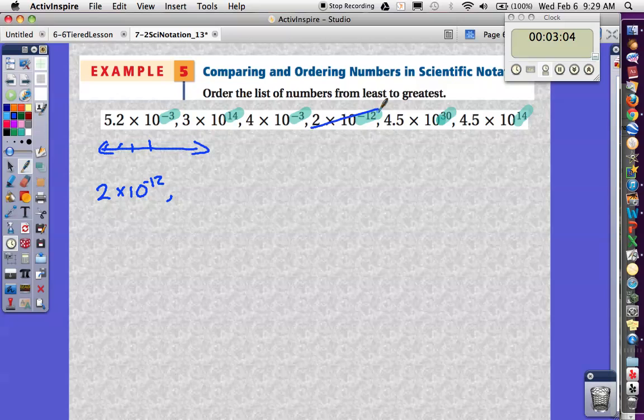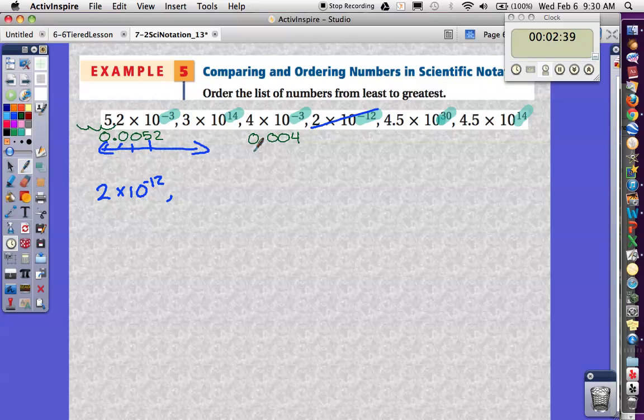Okay, we did that one. Now your next smallest exponent would be the -3's. You have 2 of them. Think about what these numbers are. This would be 0.052 with the decimal in front of that. This would be 0.004 with a decimal in front of that. Which one's smaller then, guys?